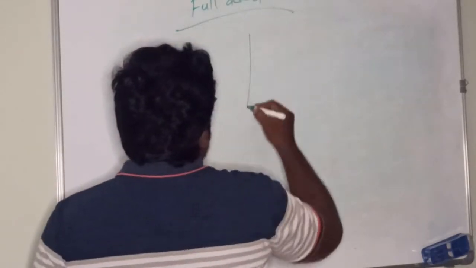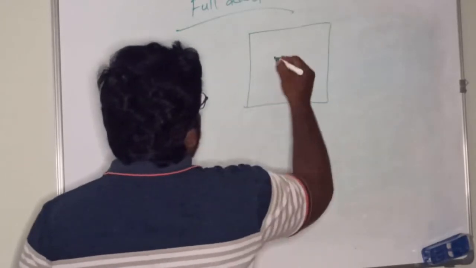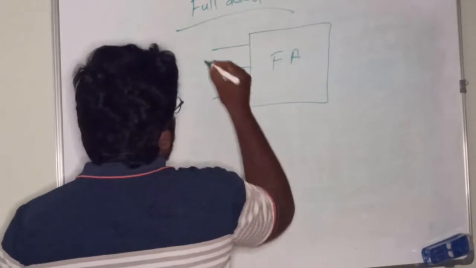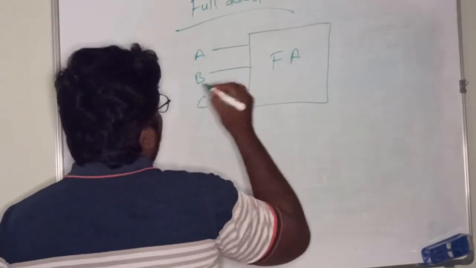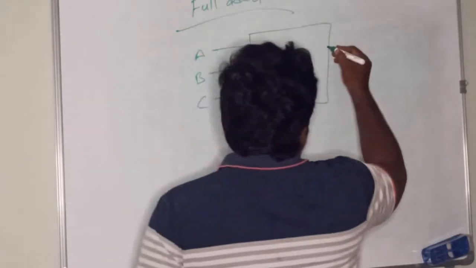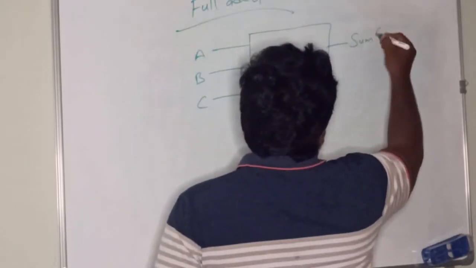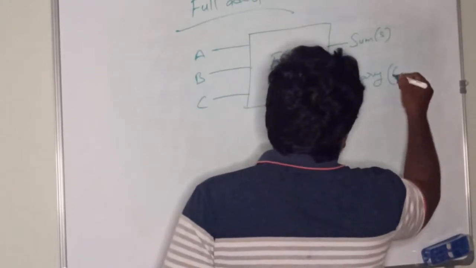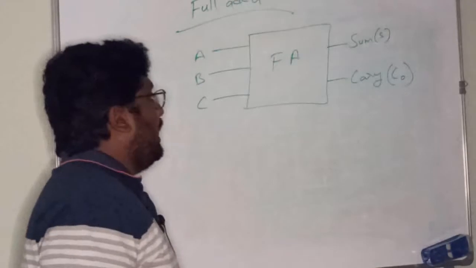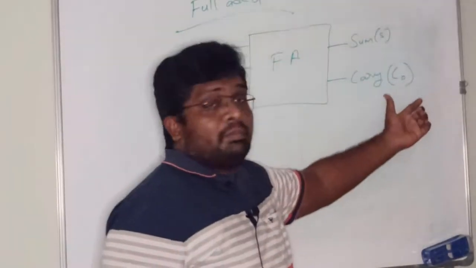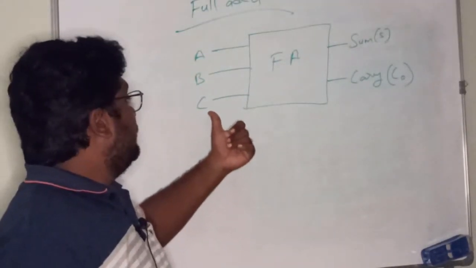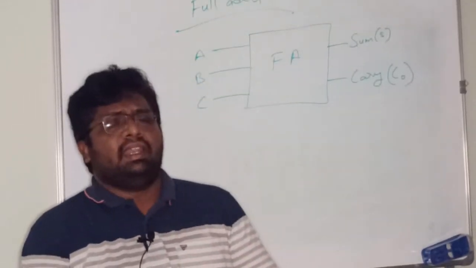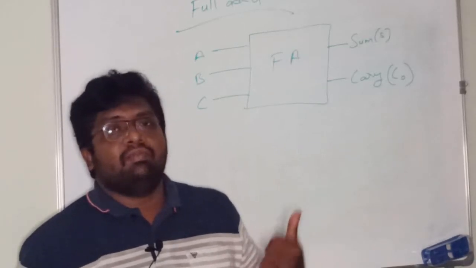The block diagram for this full adder will be like this. This is a full adder and it is having 3 inputs A, B and C, and it is having 2 outputs, sum, represented with S, and a carry, represented with C0. Here I am representing it as C0 so that we do not confuse it with this C. So this is the block diagram for a full adder.